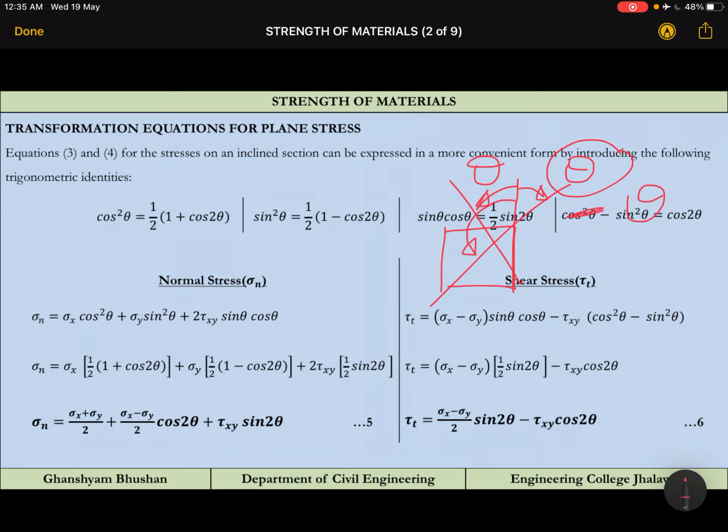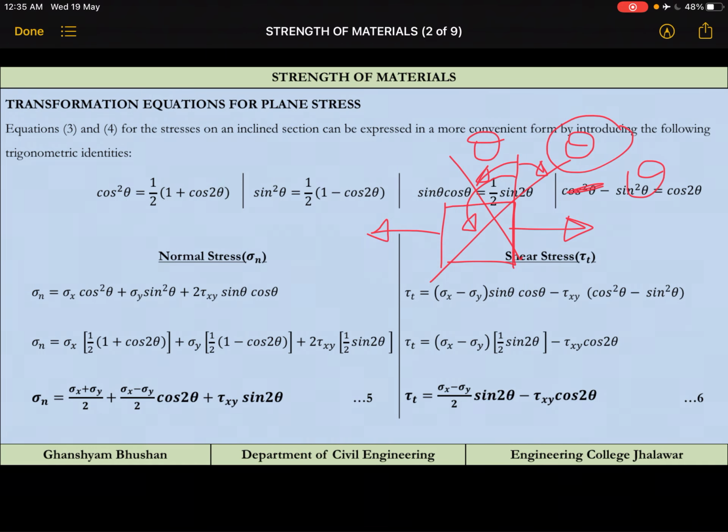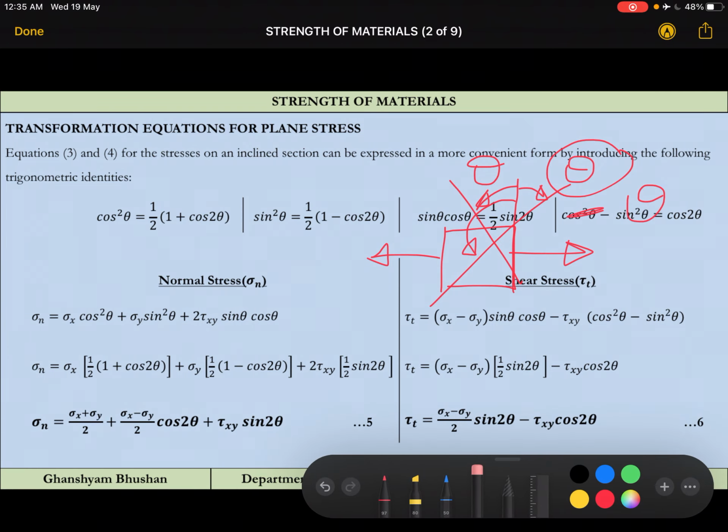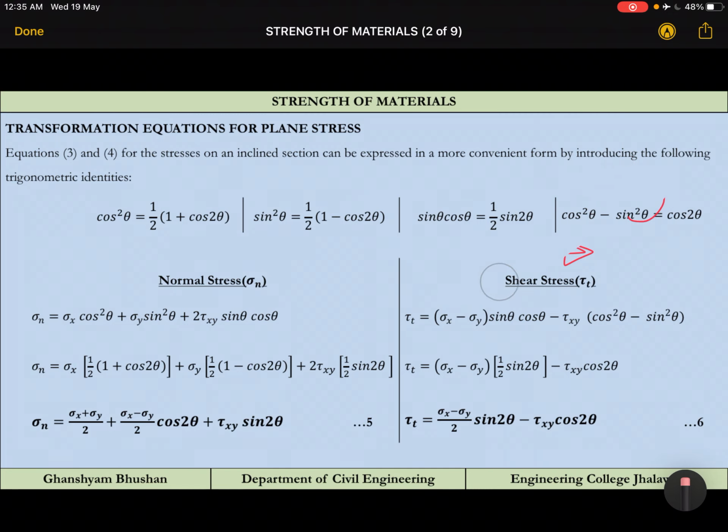So the angle is very important and the stresses are also important. We have derived for the tensile stresses, so you have to be very clear about these things for applying the formula in the given problem.